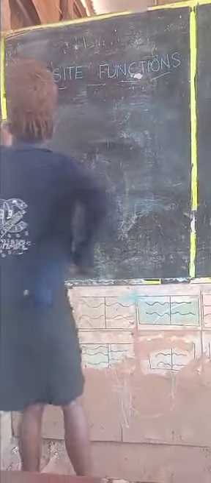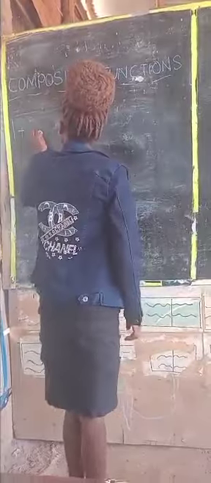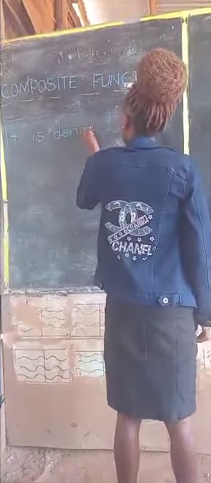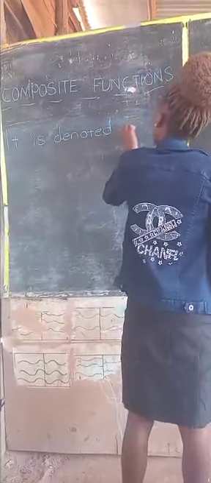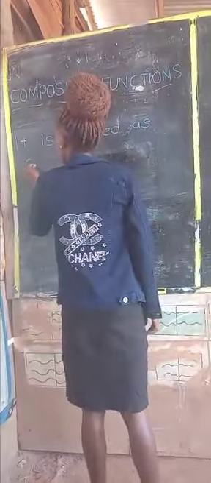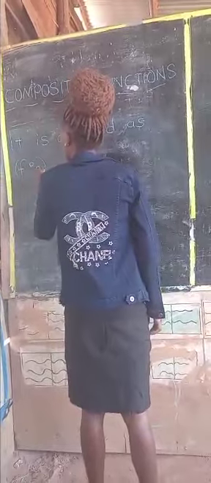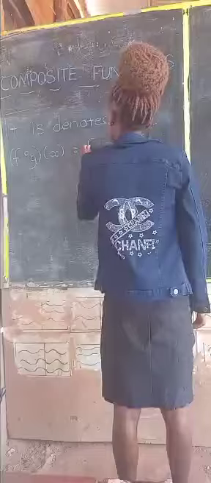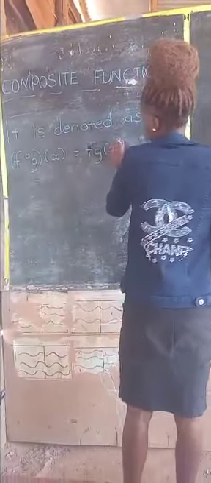It is denoted as f∘g(x), which is the same as f(g(x)).